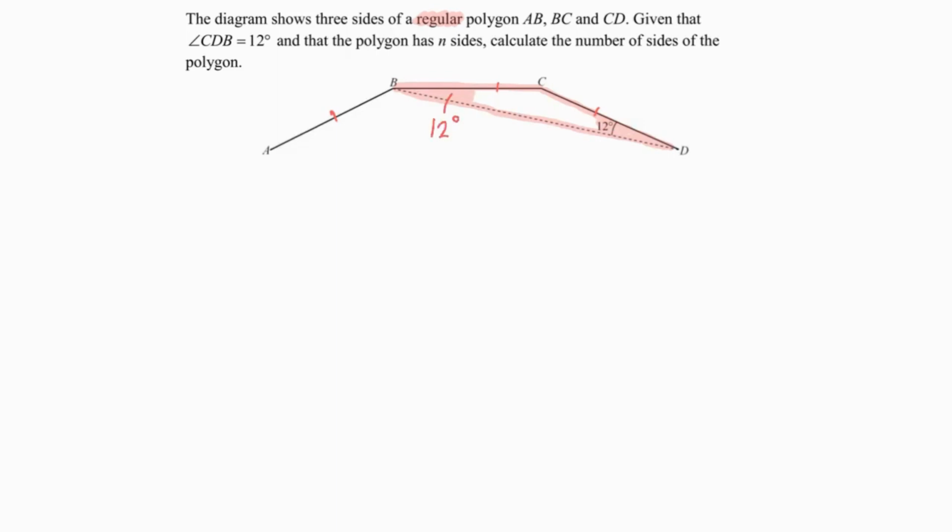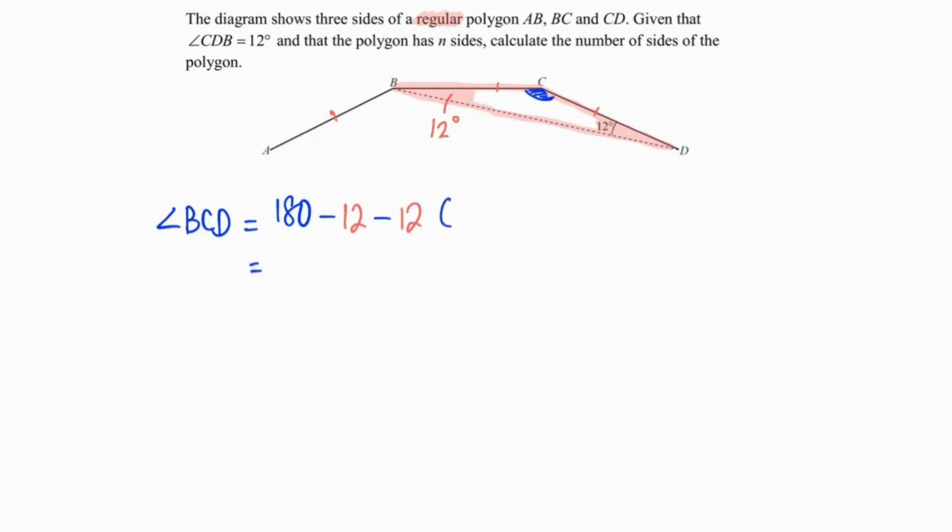Calculate the number of sides. For this, I will need to know the interior angle first. So angle BCD is equal to 180 minus 12, minus 12.